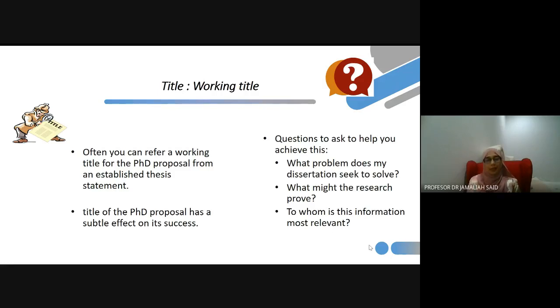For example, to examine the mediating effect of X on the relationship between A and B. So it's very specific, because that article is focusing on one of the objectives of the thesis.